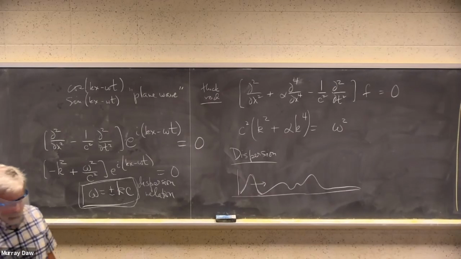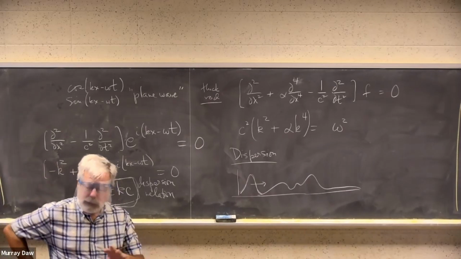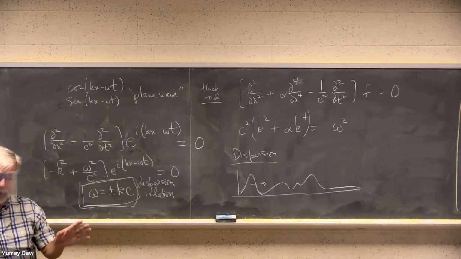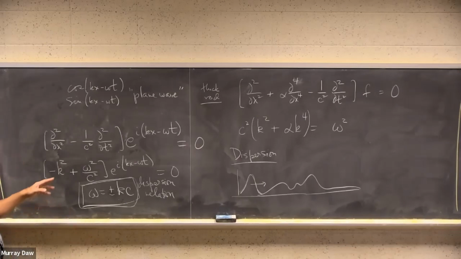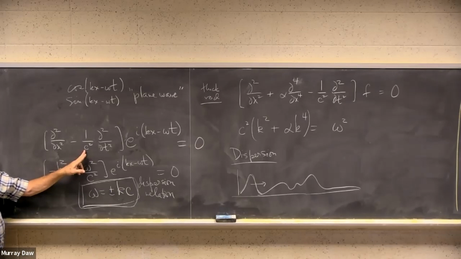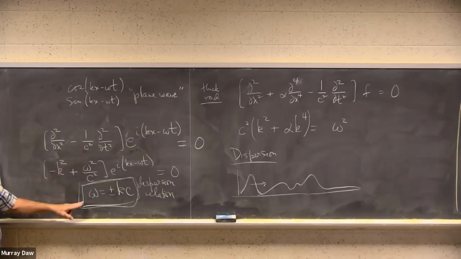It's the same thing that happens if I consider the propagation of light through glass. The original equation has to be modified because the speed is not the same for all colors. Different colors propagate at different speeds. And so I don't have this relationship anymore. It's a modified relationship.